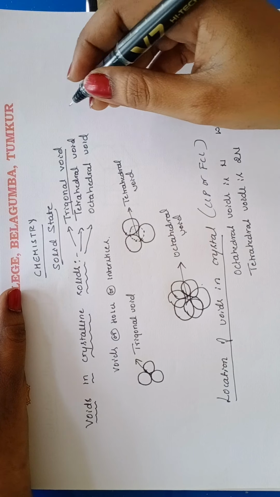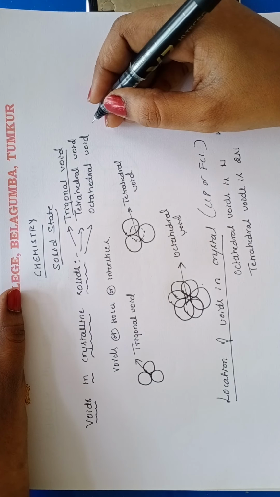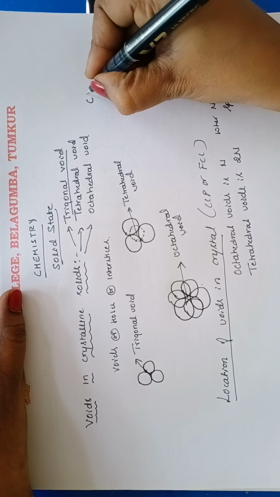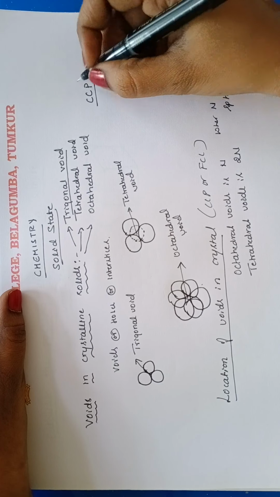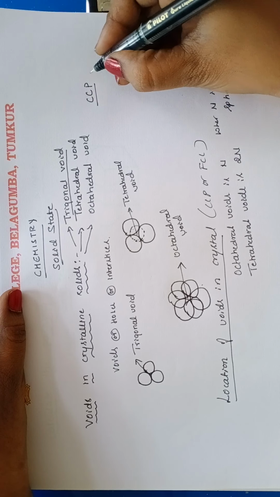Suppose we take the example of cubic close packing, CCP. In CCP, the number of atoms is 4.